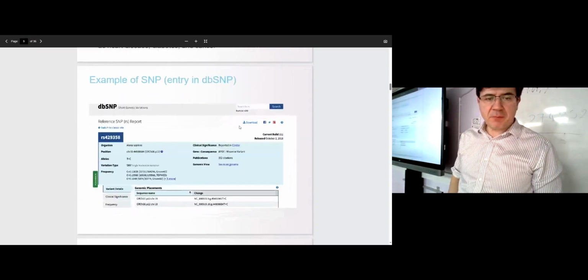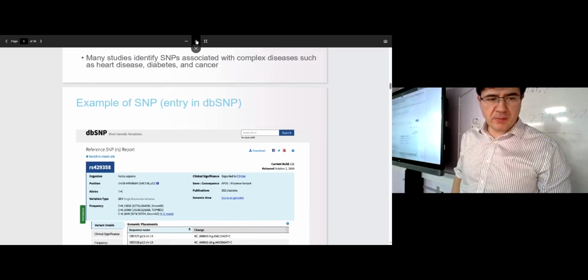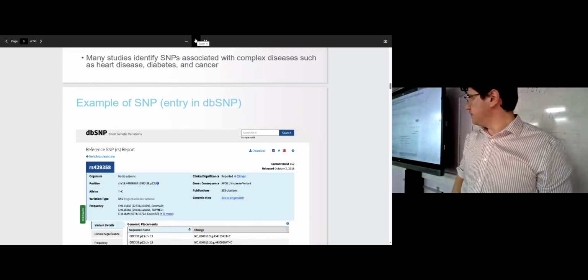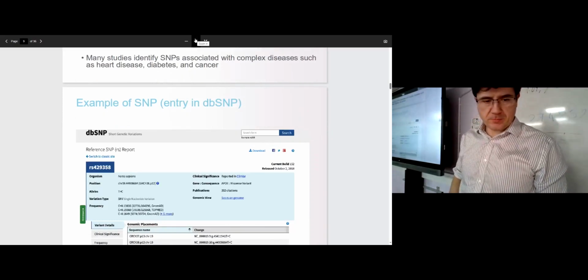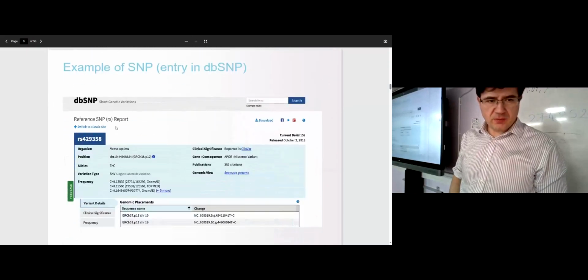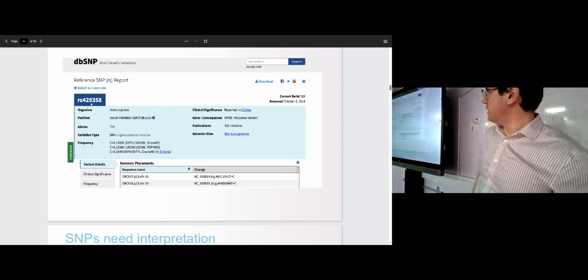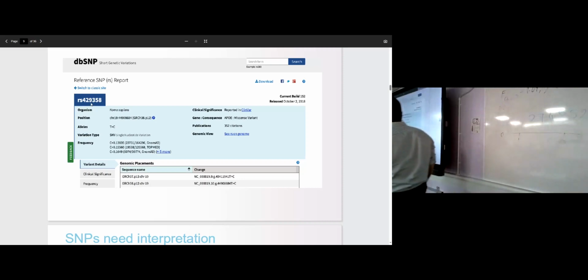So here we have an example of one SNP. I'm going to make this a bit bigger. I'm not sure if we can see it very clearly. So we have a SNP here which is called RS42938. That's the ID, the identification of the SNP. And here we can see the coordinates.